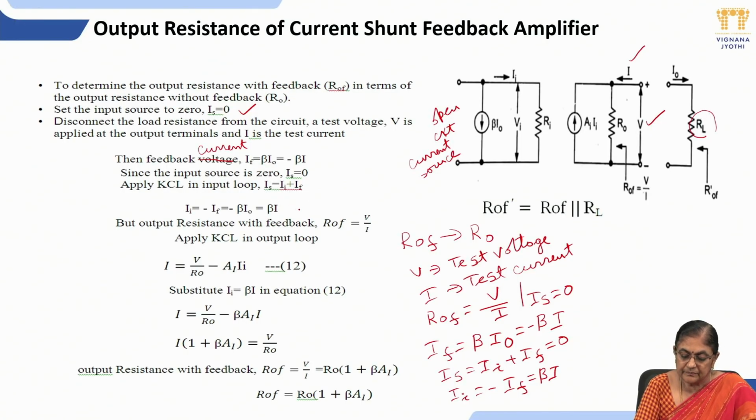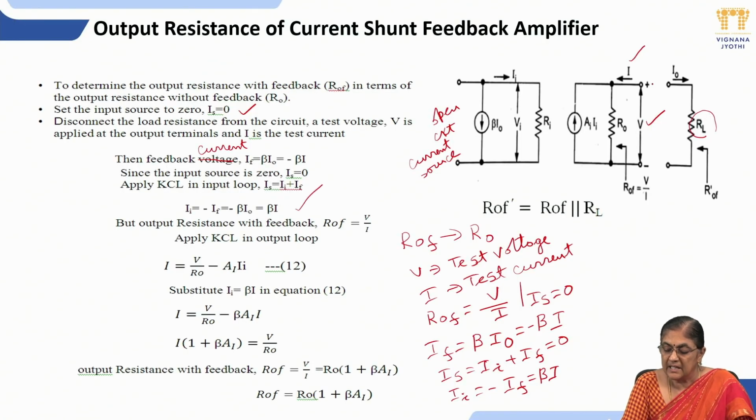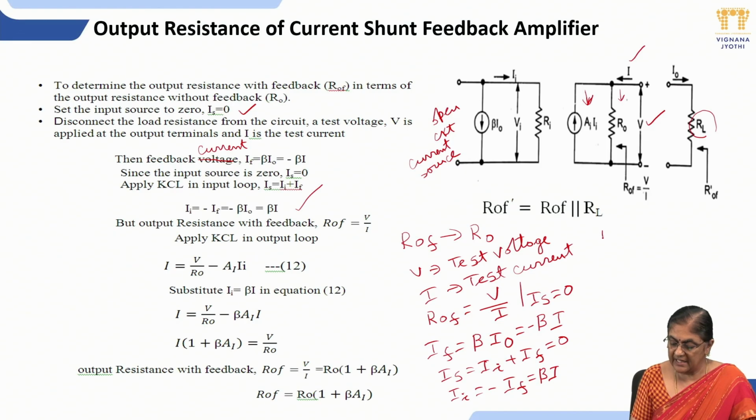Okay. Apply KCL in the output loop. By applying KCL in the output loop, this test current is dividing into these two branches. But AI into II direction, current source direction is opposite to this division current. Then you will get minus. So what is the expression for I?